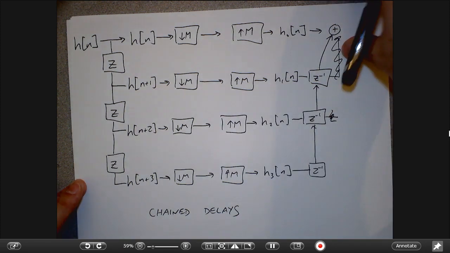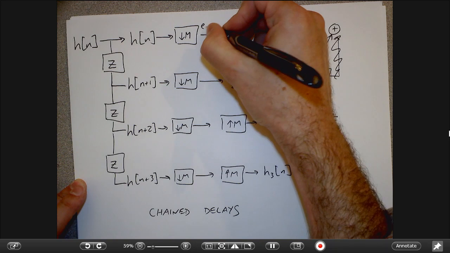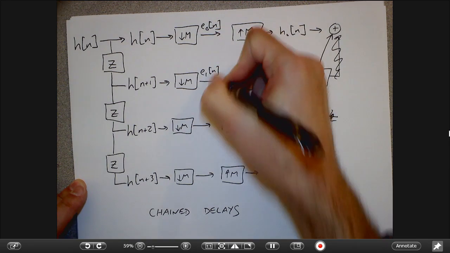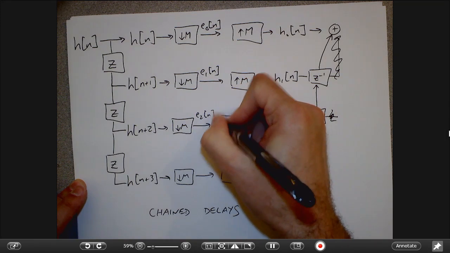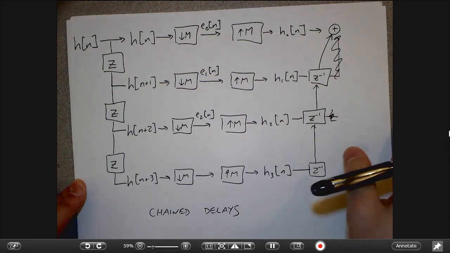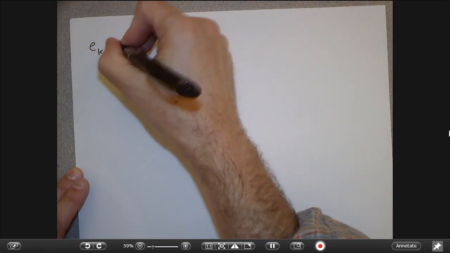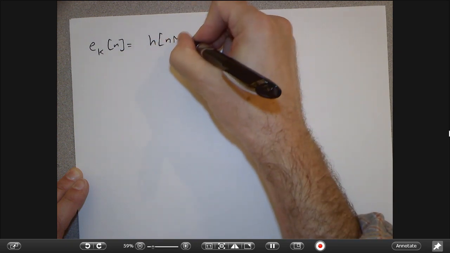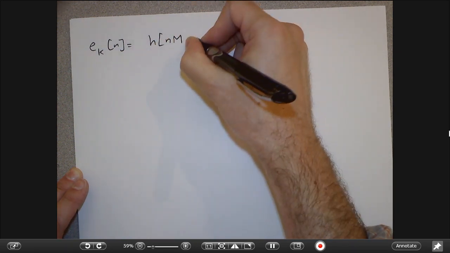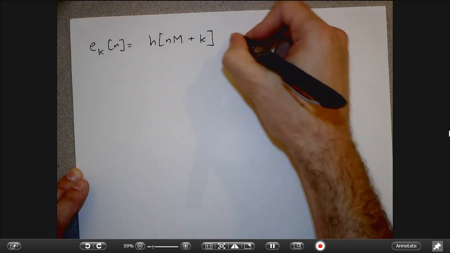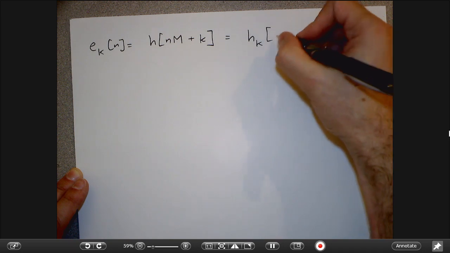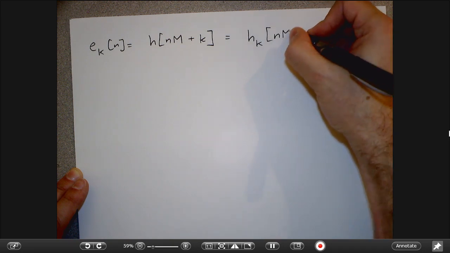So let's refresh our memory that what I really care about are these guys in the middle, which are the polyphase components of H. So those guys are defined as taking every Mth element of H, but shifted by K, which is the same thing as taking my guys with the holes in them and taking every Mth unit.